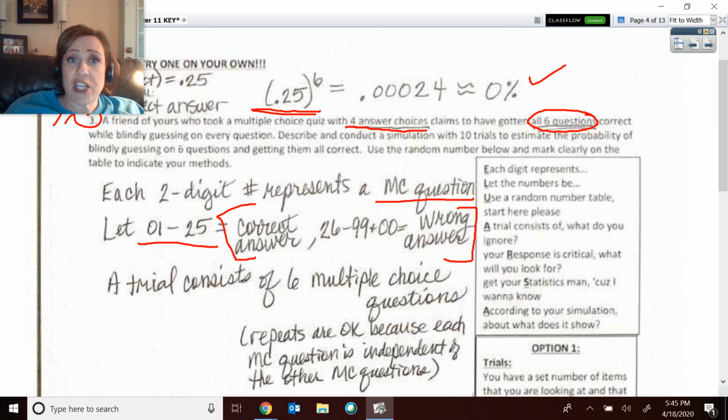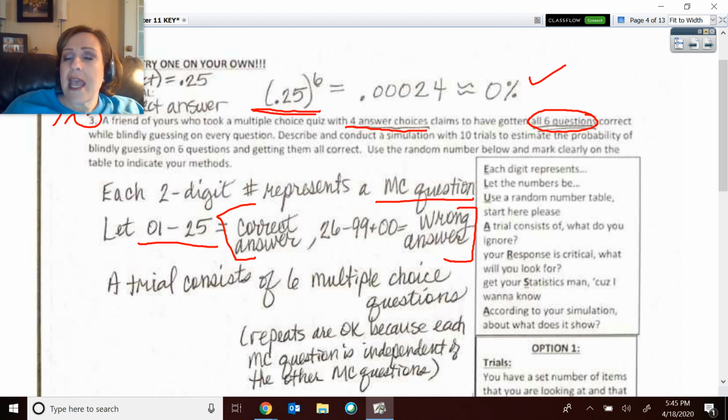We were checking on 6 questions on the quiz. So it was a set number of items. Therefore, a trial consists of looking at 6 multiple choice questions.